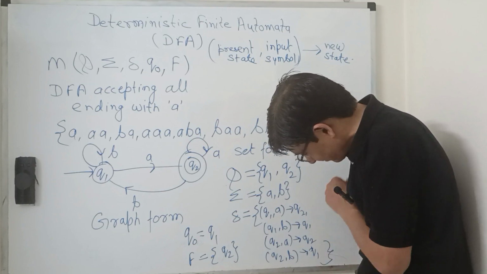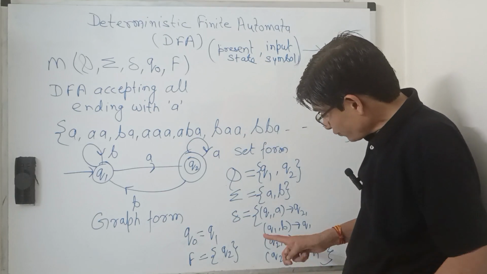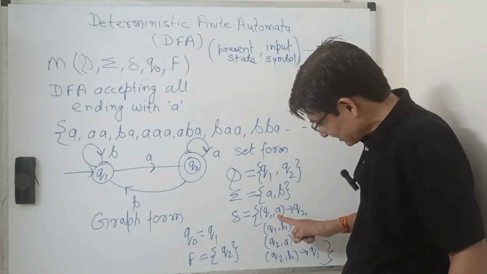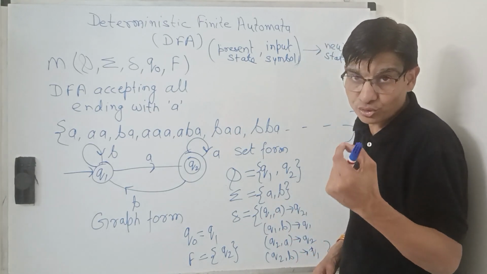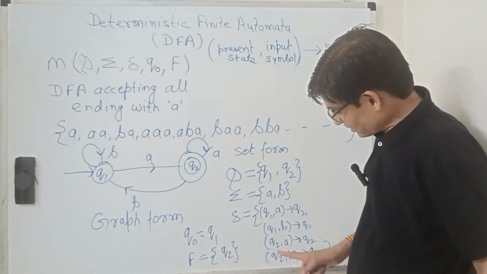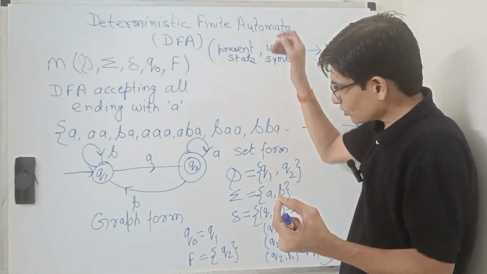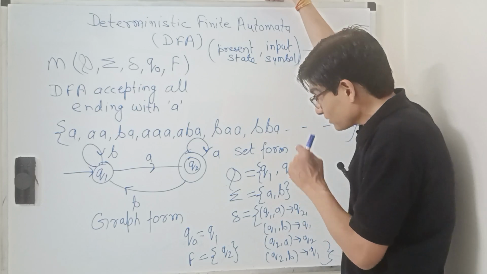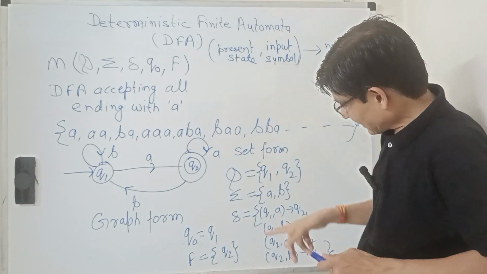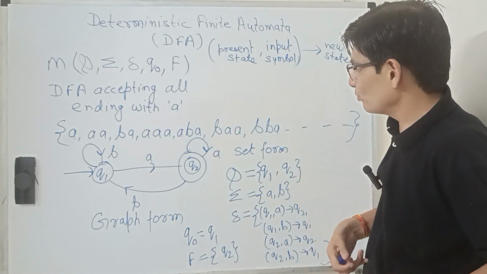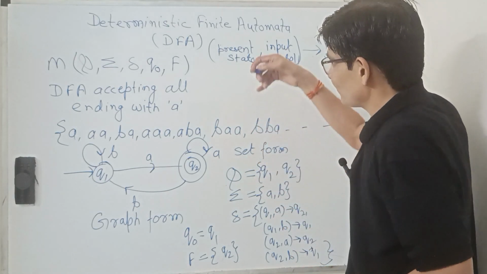That means it is completely fixed that for one combination only one next state is there. That means it is completely deterministic, and because of this it is called deterministic finite automata, or deterministic finite state machine.